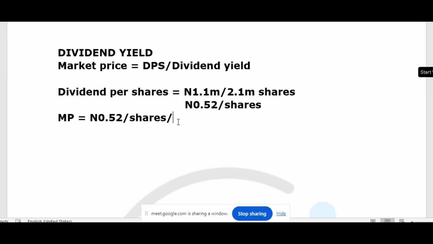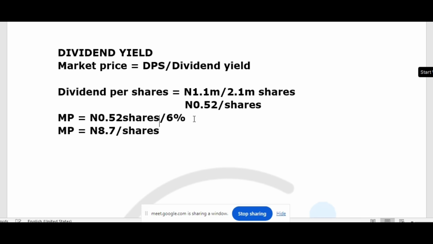So what is 6%? That is 0.06. Let me remove this slash so that we will not get confused. So what is the market price? 8.67. So 8 naira 7 kobo per share, right?